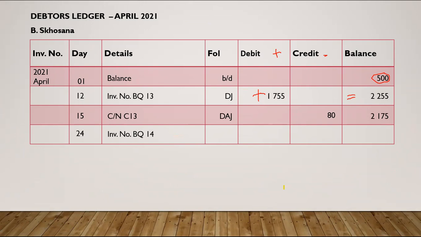Folio will be DJ, which is the journal. This time you're going to put it under plus because Beast Kosana bought these goods on credit. And the debit will have 1,800. Now the balance that Beast Kosana is owing us will go up from 2,175 by 1,800 to 3,975.